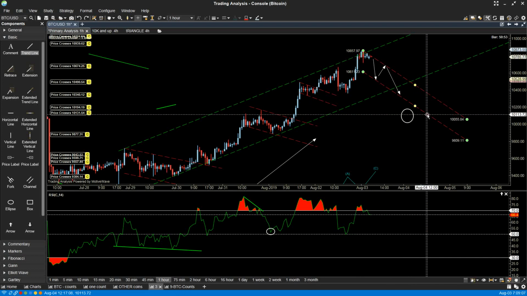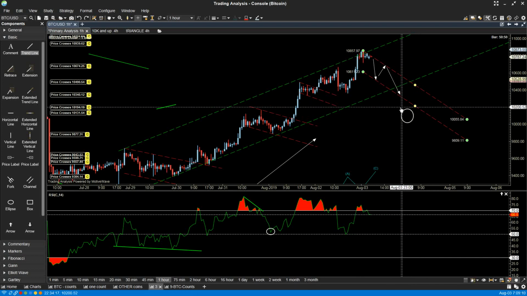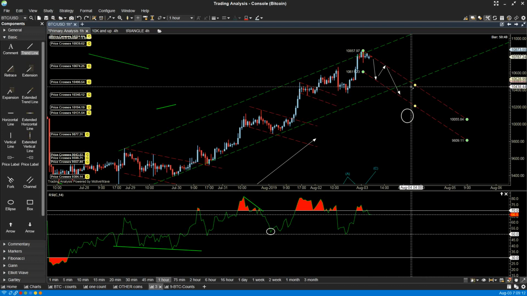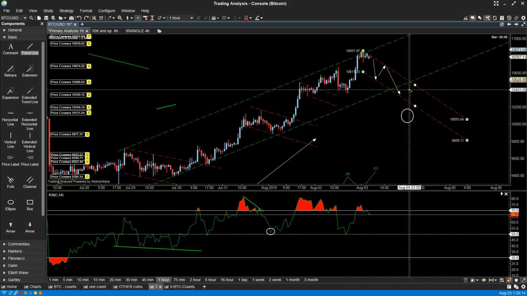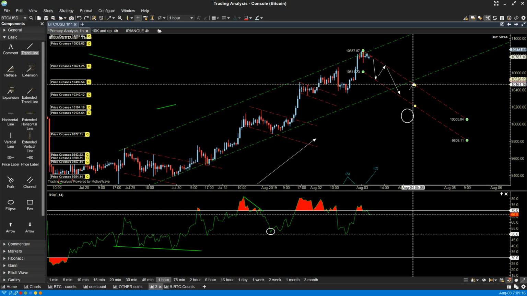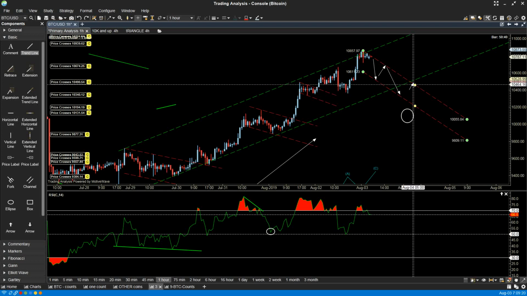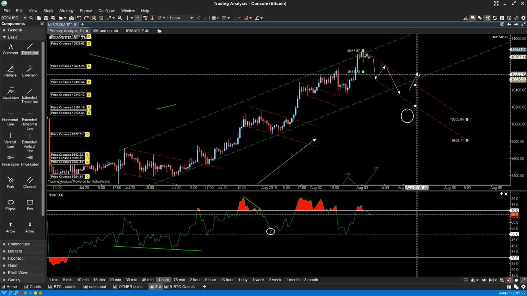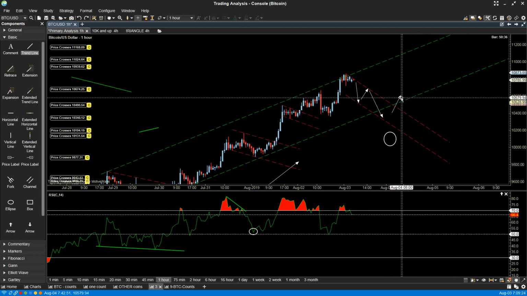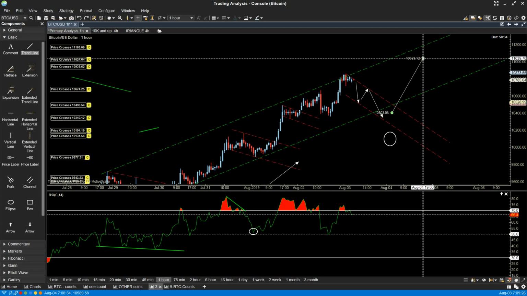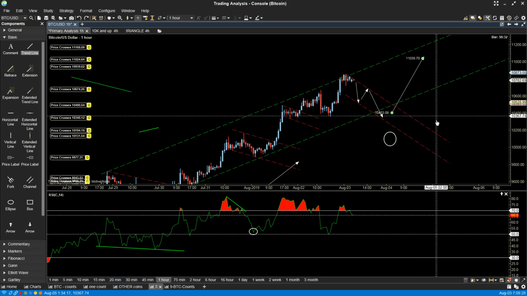How do we know that the market will continue again up? It's so simple. The market will have to break the channel to the upside. The market will come, break the channel to the upside, and that's exactly what I'm expecting right now. The market will come, break the channel upside, go inside the green channel again, and continue again inside the green channel.